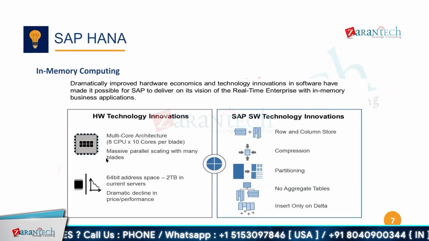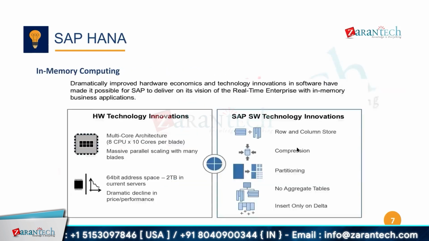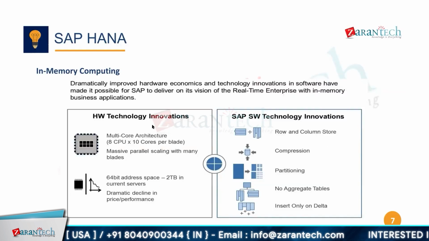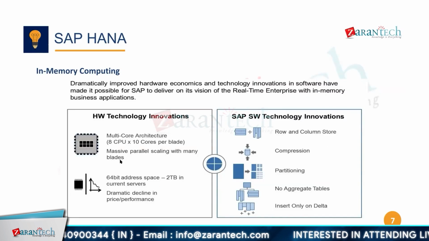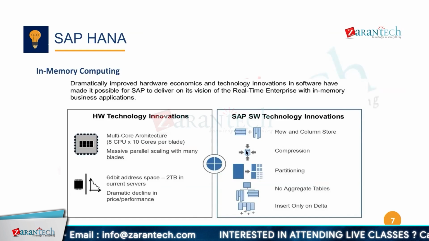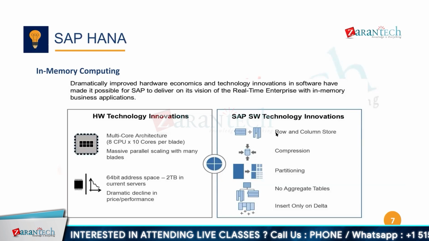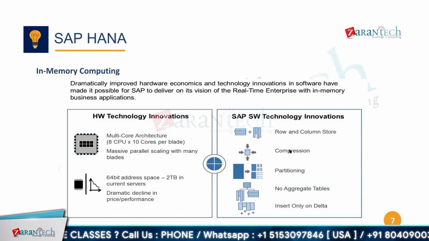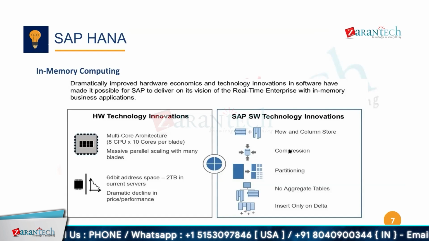So row and column stores they can do. The hardware technology innovations helped SAP come up with powerful software technology innovations: row and column store, compression, meaning how you compress the data when sending from the application to the database.